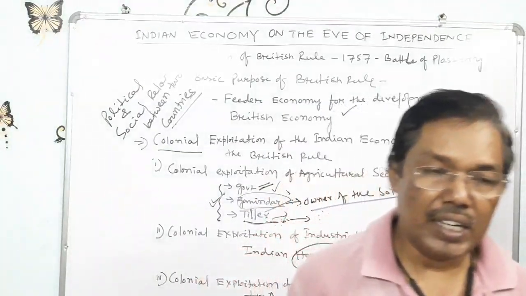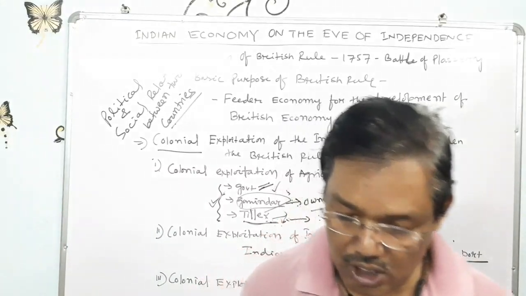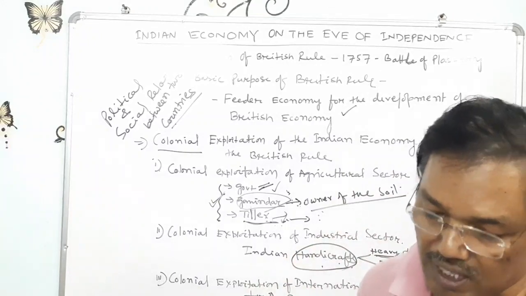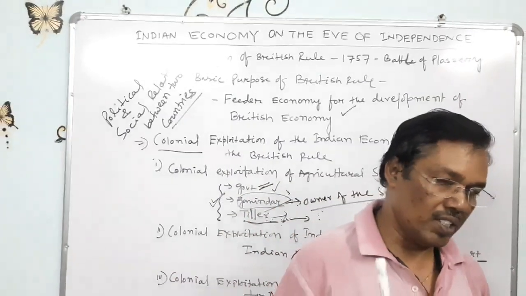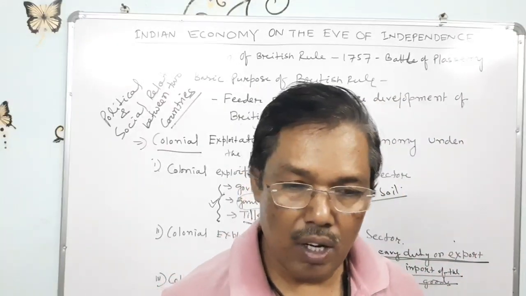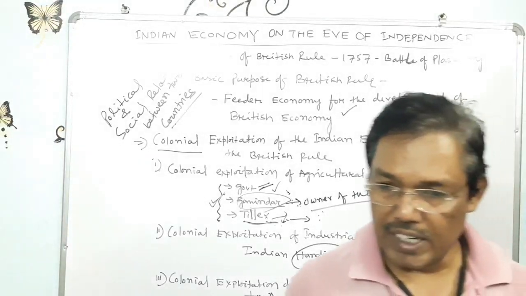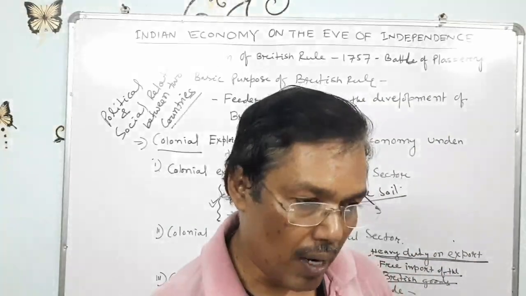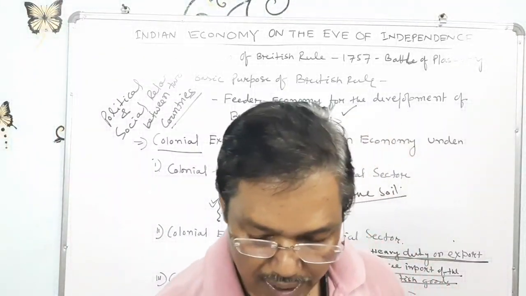That means the economic conditions of a nation can be judged with the data of national income and per capita income. We may say that one country is developed, like America, India is developing, and another country is underdeveloped. How is it to be said?